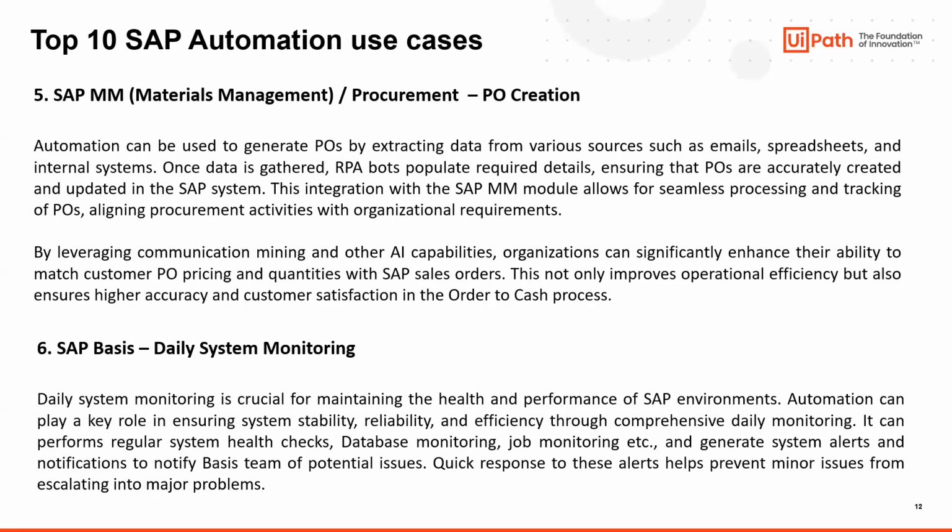It can monitor the system performance and generate a report and alert, right? To notify the SAP Basis team. So again, one of the useful use cases to save some time so that the Basis team can focus more on strategic tasks.